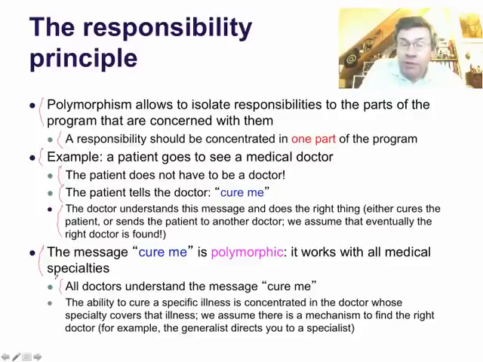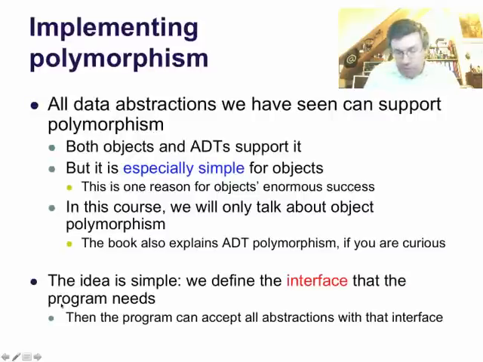And so what this means is that the ability to cure a specific illness is allowed to be concentrated in a single doctor, the doctor whose specialty covers that illness. Okay? So the ability for the message to cover many doctors allows each doctor to become a specialist in one domain, which means the responsibility of curing that illness is only with that doctor. Okay? That's the responsibility principle.